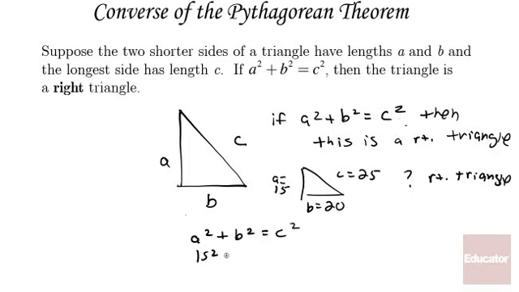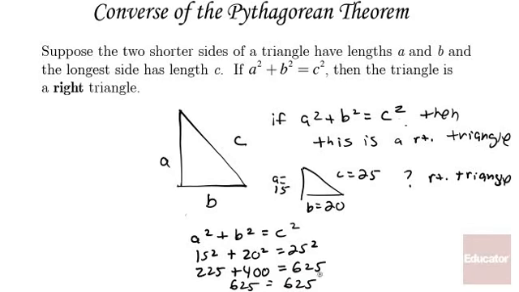So 15 squared plus 20 squared equals 25 squared. This is going to give me 225 plus 400 equals 625. And that is then 625 equals 625. So this does hold true. So yes, this is a right triangle. Okay?